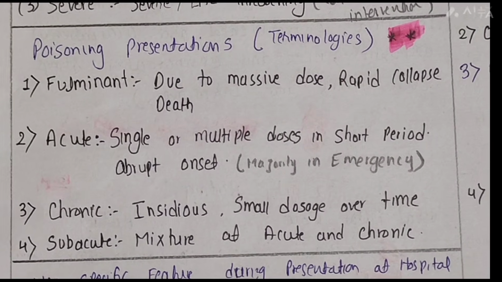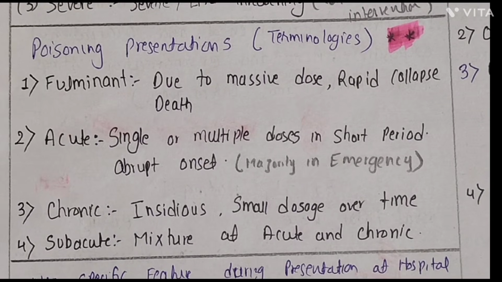Now here our first category is fulminant. Let me make it very clear. Fulminant means a massive exposure to a massive dose. Suddenly there is exposure to a very large dose and the person will suddenly collapse, and sometimes it will lead to death. We will not even understand what happened, a very prompt action.